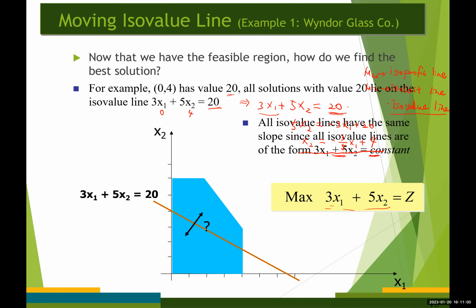Is that correct? So in this problem, the objective function z will decrease if we move in a direction that both x1 and x2 decrease, right? See here, if x1 value decreases and x2 value decreases, then our objective function value will decrease.